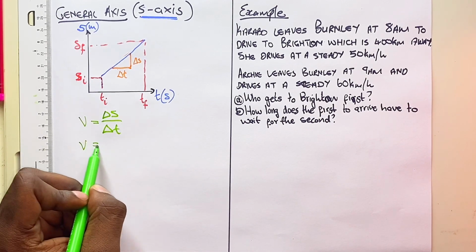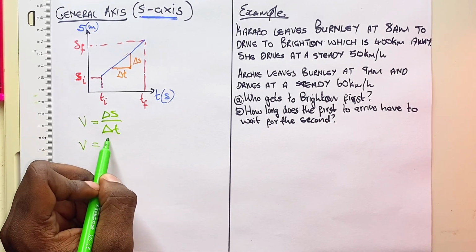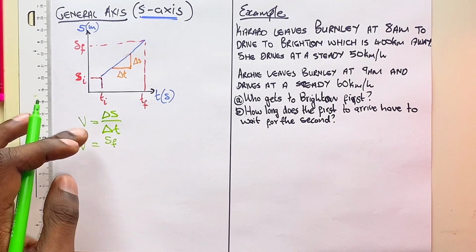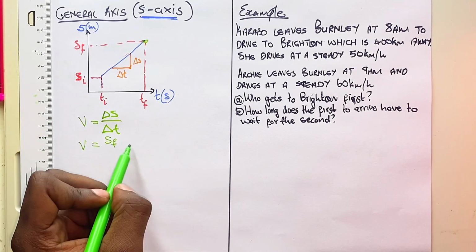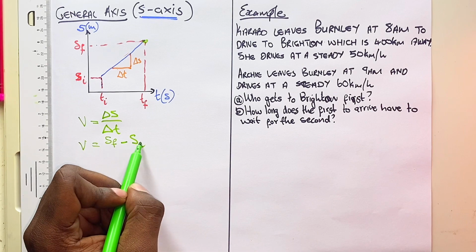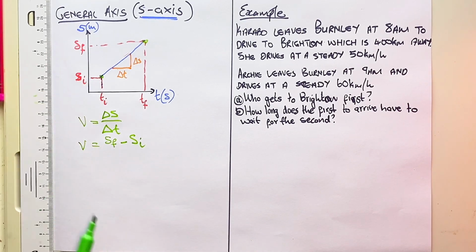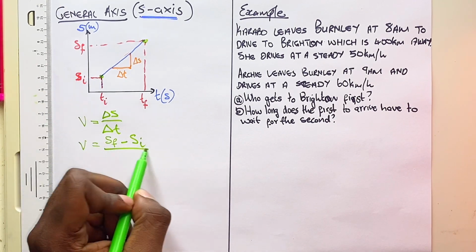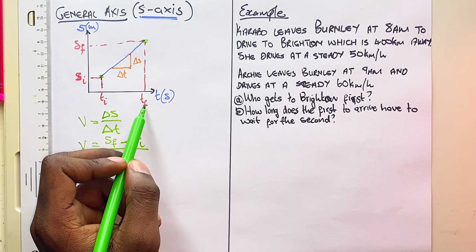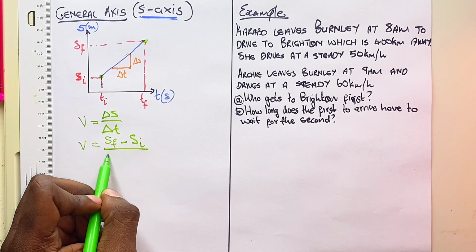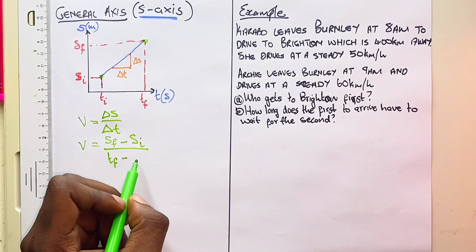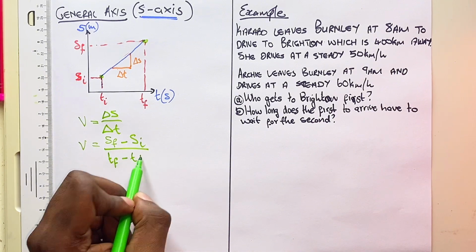The change in s is given by s final, our final position, subtracted by s initial, our initial position. Our time interval is given by tf minus ti.